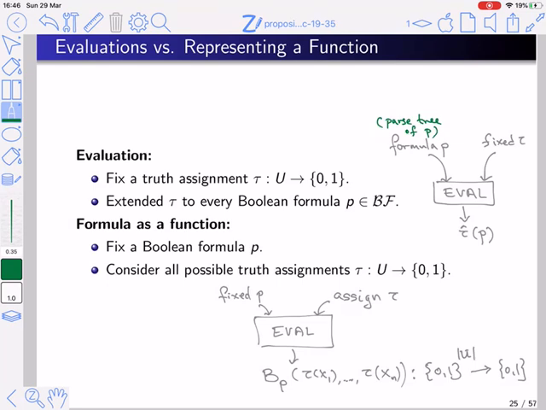Therefore, this function will get as input n bits and output a single bit. This is the evaluation of the function with respect to the truth assignment tau of x1, tau of x2, up to tau of xn.